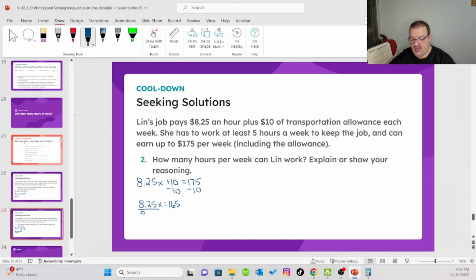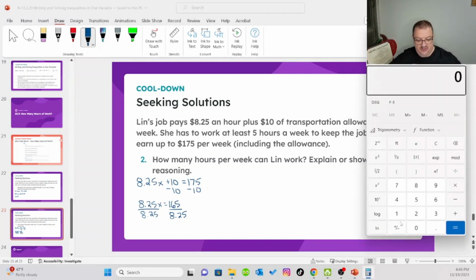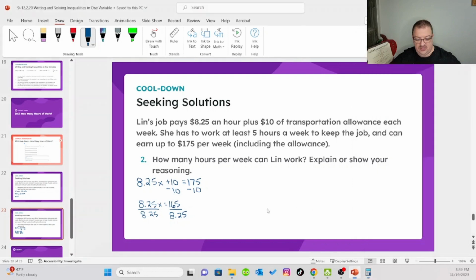We want X by itself, so we're going to divide both sides by 8.25. And if we divide 165 by $8.25, we're going to get 20 hours.